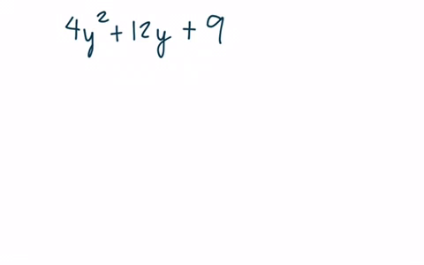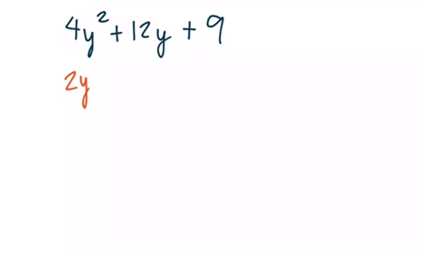I'm going to take the square root of the first term. That means I take the square root of the coefficient and the square root of the variable. The square root of 4 is 2, and the square root of y squared, which you should remember from chapter 7, is y.